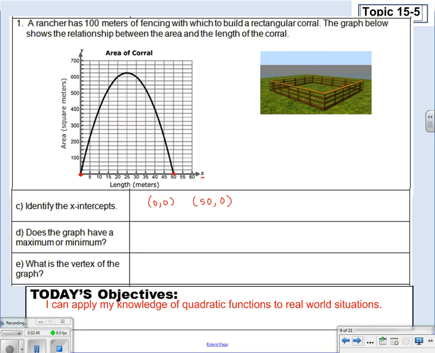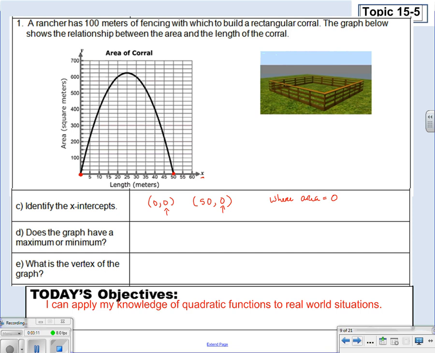So this means that I have an area of 0. In both of these cases, my y value is 0, so this is where the area is 0. And the area of my corral is equal to 0 when the length of my fence is either 0 or 50 meters.